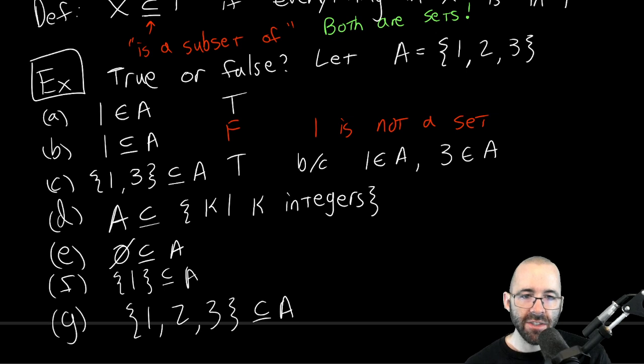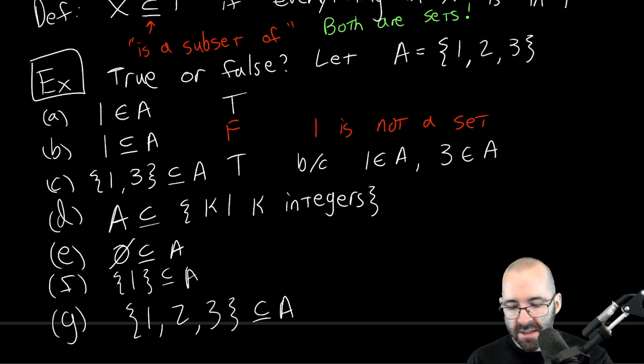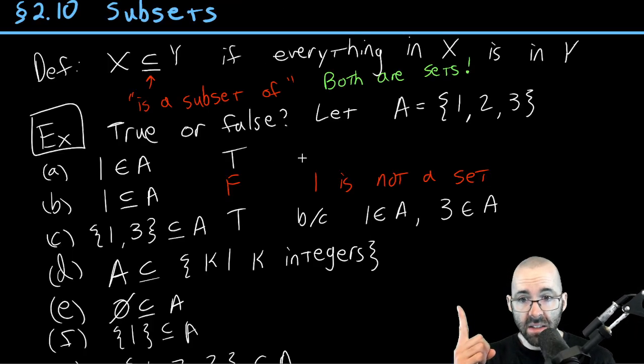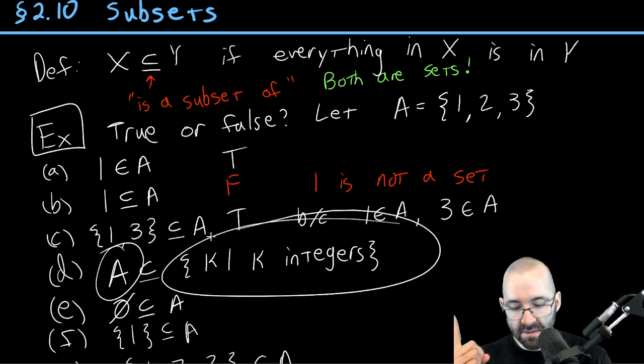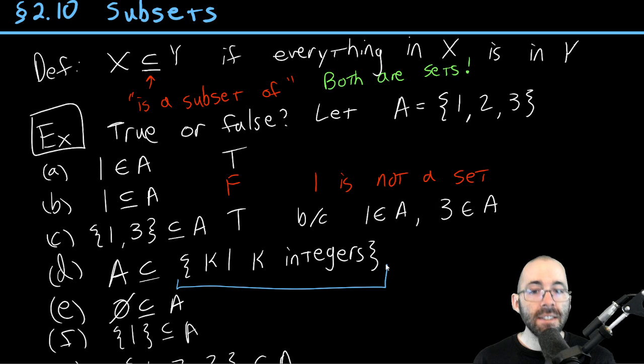All right, if you just want to check your answers, you can skip past this part, but if you want an explanation, stick around. So let's start with D. So again, it's a subset if they both need to be sets. So yes, A is a set, and this is a set, so that's a good start. Is everything in A also in here? Well, remember, this is the intensional definition of this second set.